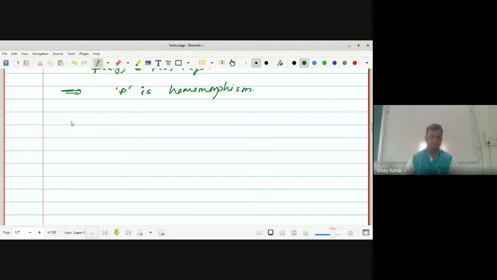That implies this f is a homomorphism of H raised to I, not onto, into homomorphism, G raised to I upon G raised to I plus 1.